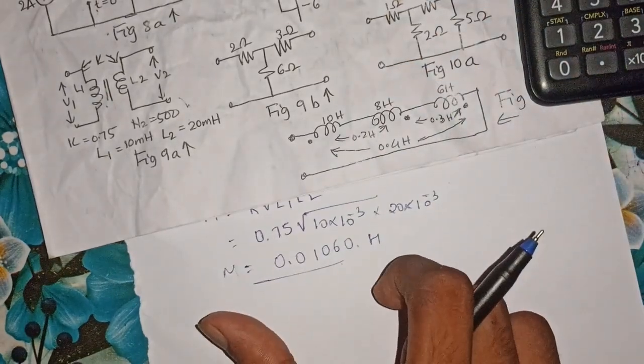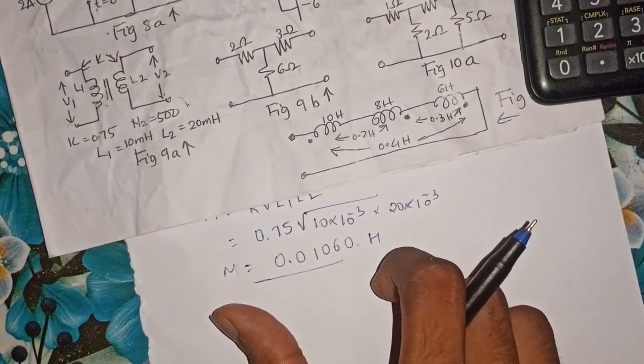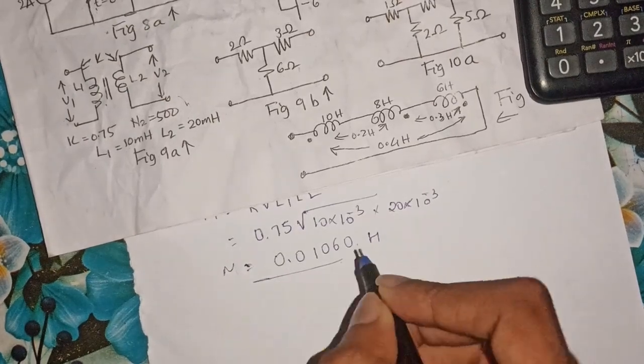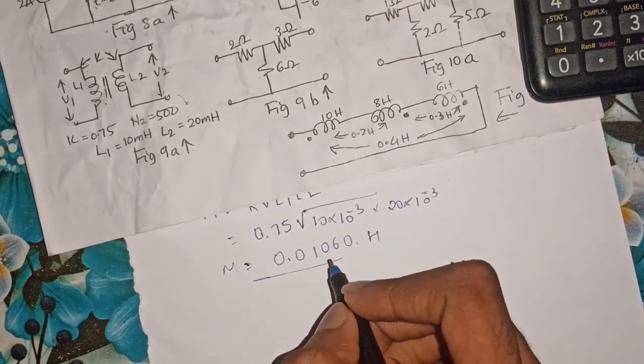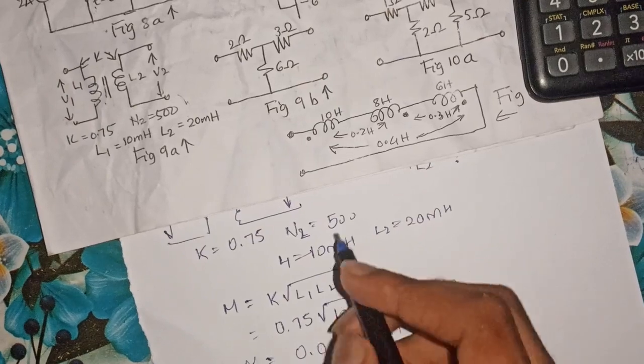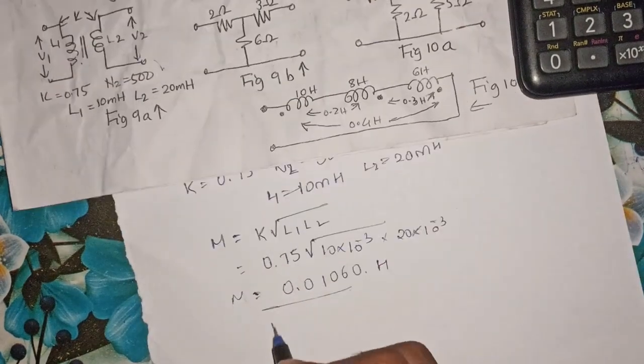So the value of M is calculated here, and now we have to calculate the value of the voltage induced in the secondary coil.